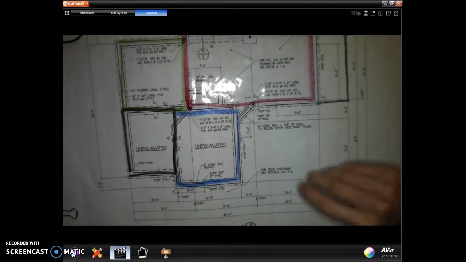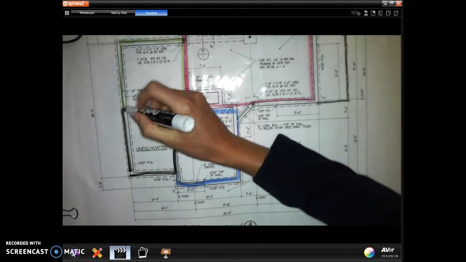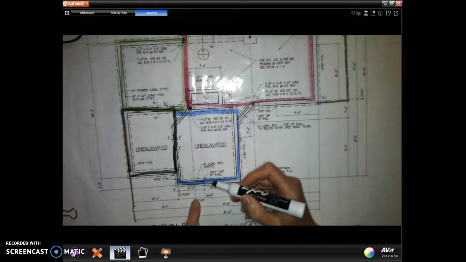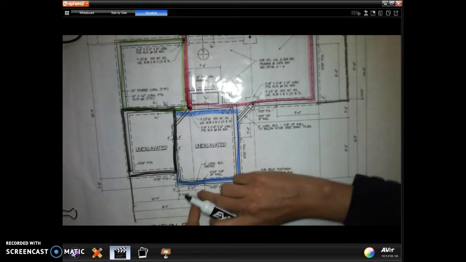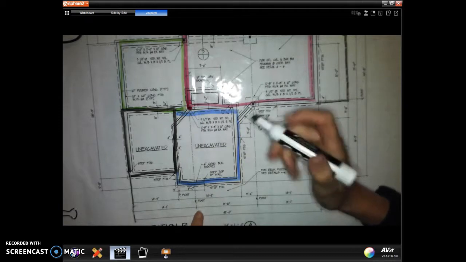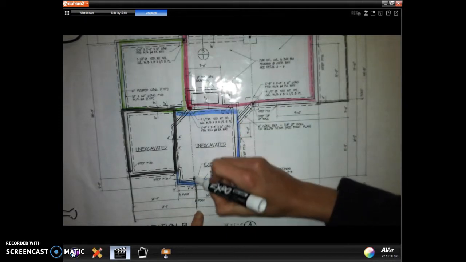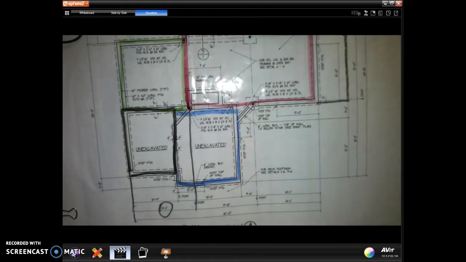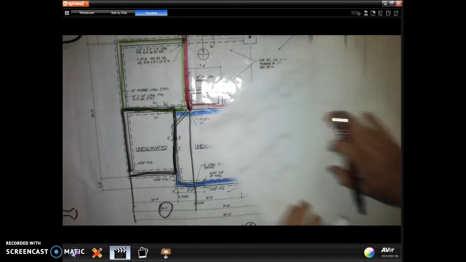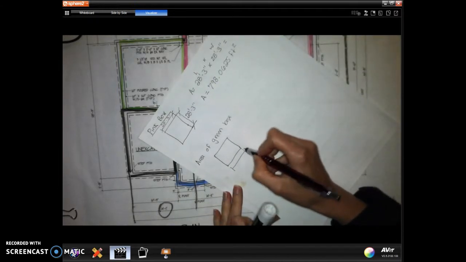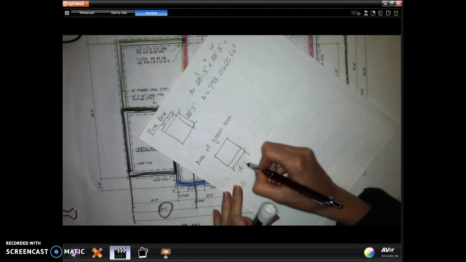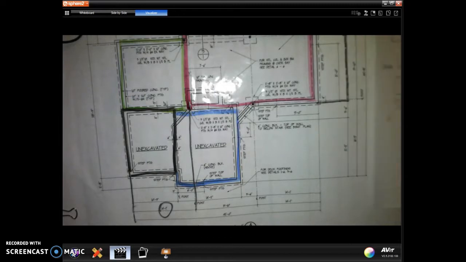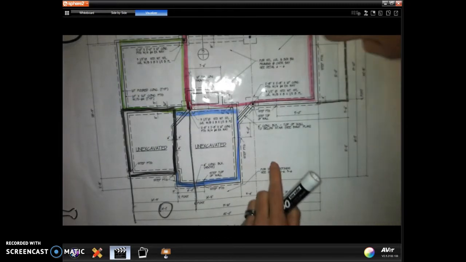Alright, so it looks like for the green, I'm going to follow it down. Okay, we're looking at this dimension, and we have to come all the way over to, well, we've got one that runs to the center line. So we're going to go ahead and say that, and we're going to get 14 foot 1. So 14 feet 1 inch by, we need to look over here at this dimension.